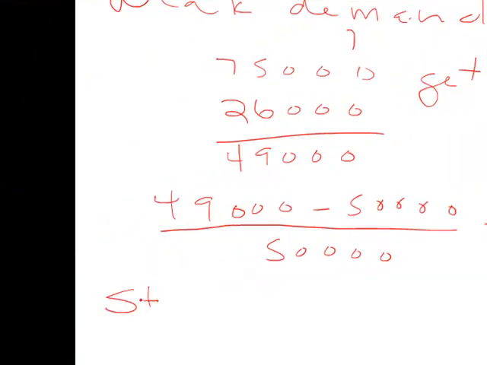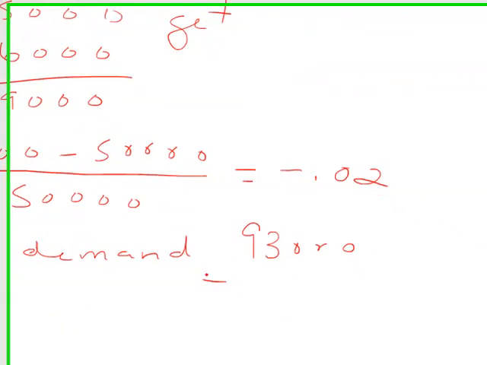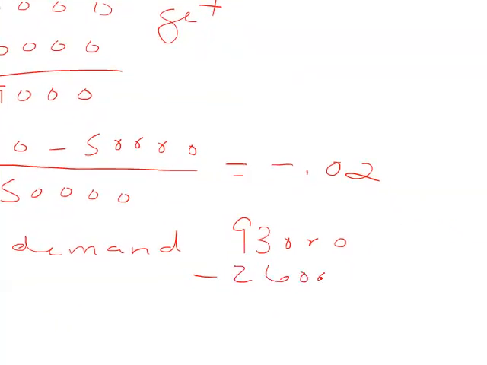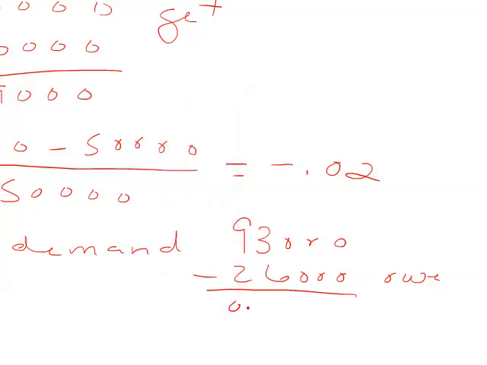Now, you also could have had strong demand, in which case your return would have been $93,000 in 1 year. You still owe $26,000 to the debt holders. That gives you $67,000.